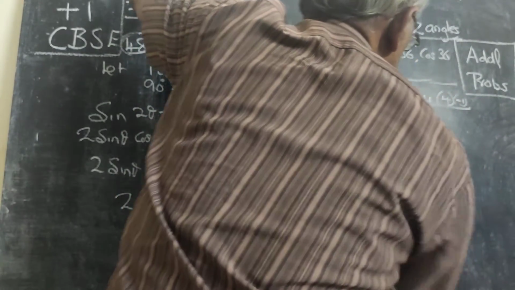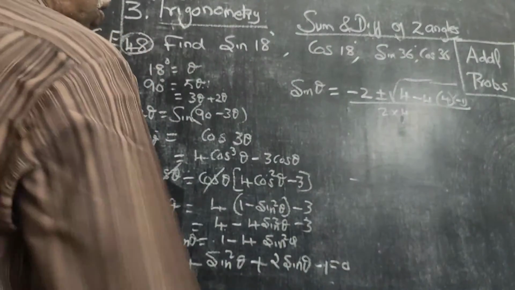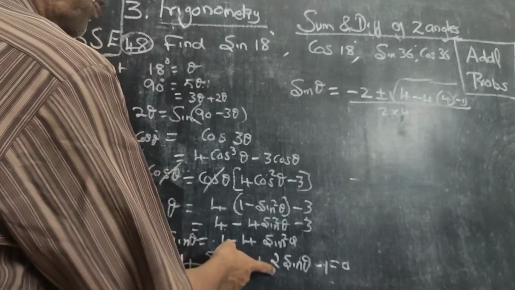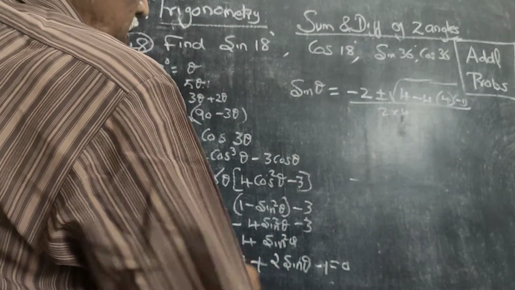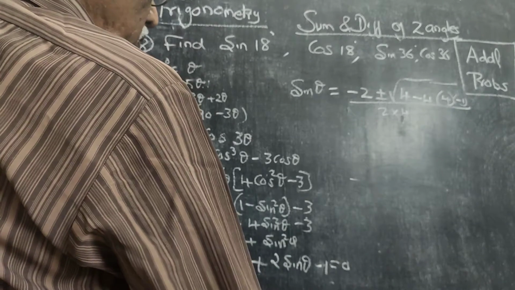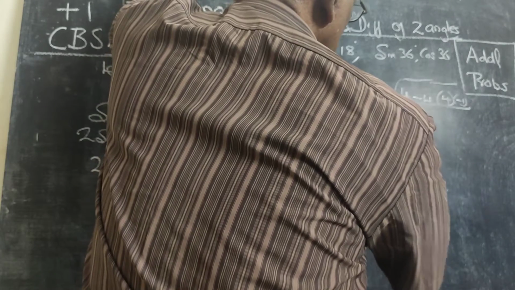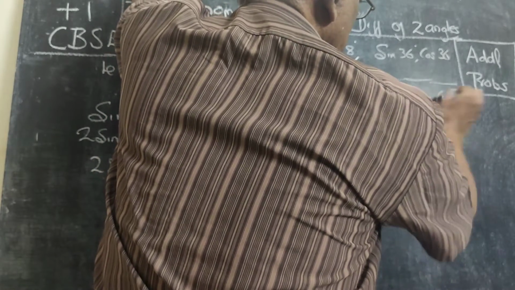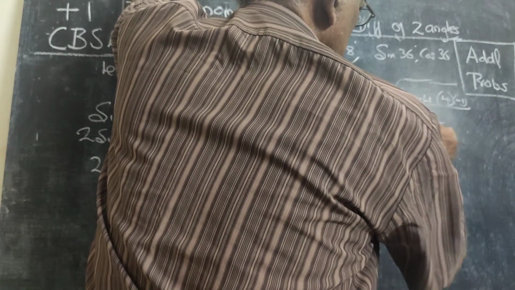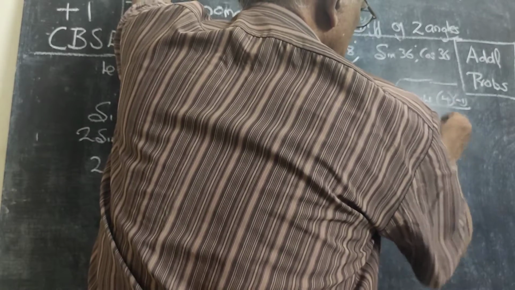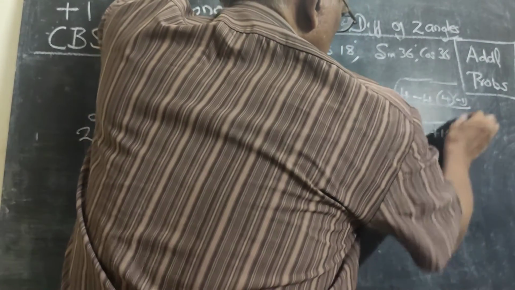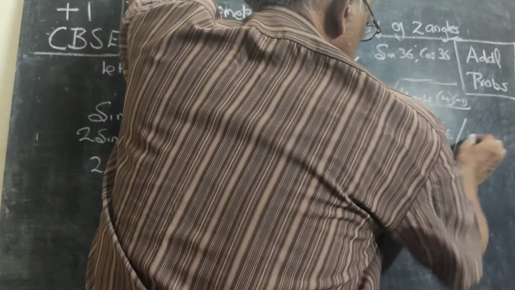So it will be minus 2 plus or minus the square root of b square, which is 2 square, 4, minus 4 into a into c, which is 4 into 4 into minus 1. The result is minus 2 plus or minus, here is minus so it becomes plus, 4 plus 16, divided by 2a, that is 8.